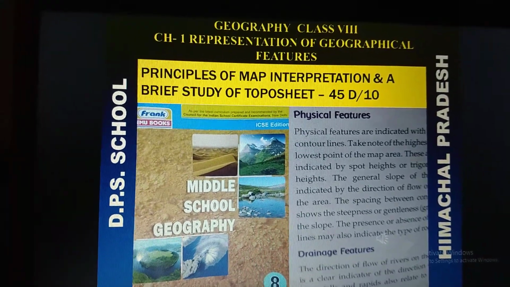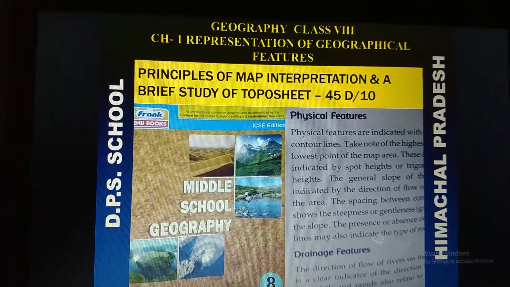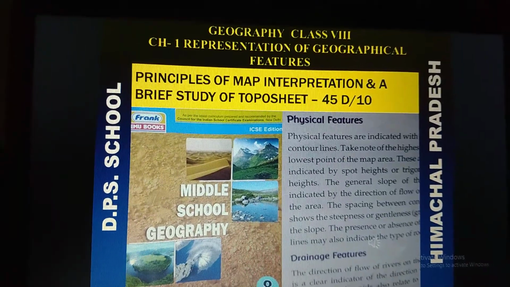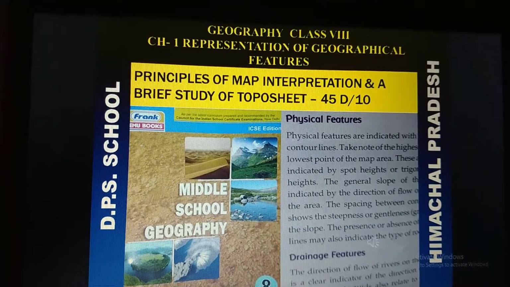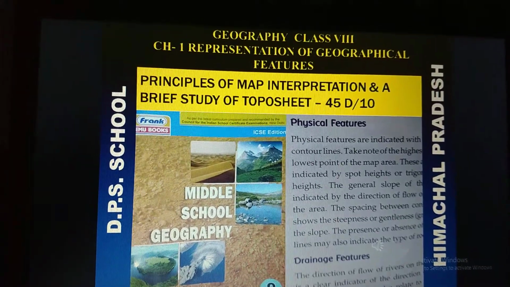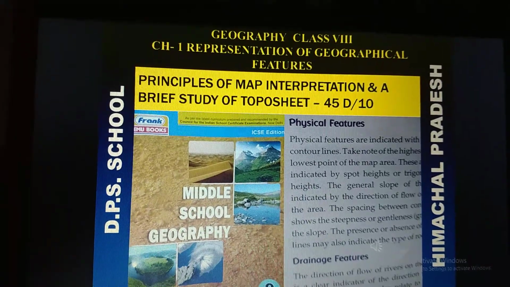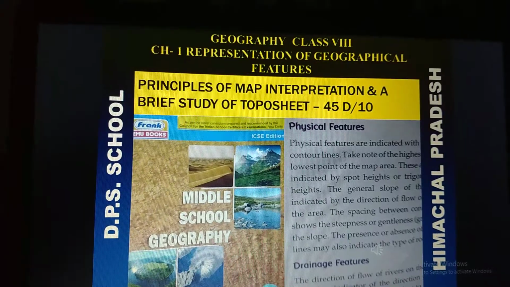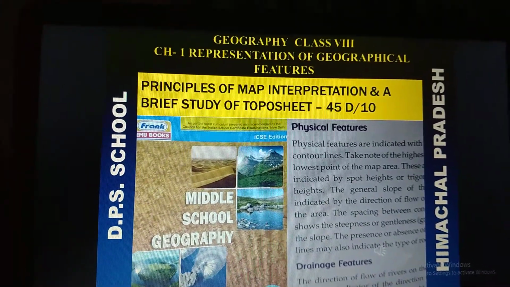Today I will be explaining to you the last part of chapter number 1, Geography, Representation of Geographical Features. As yesterday I had explained to you the different kinds of settlement patterns, you know that there are five kinds of settlement patterns.